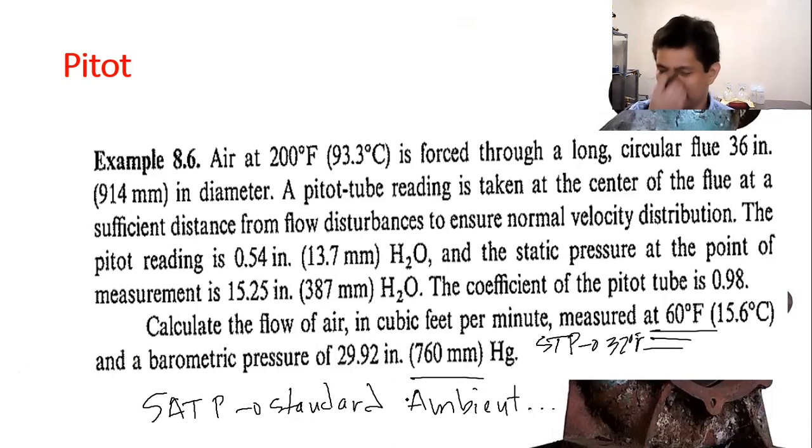Dito, 60 degrees Fahrenheit. Kasi kumbaga, pag nagkukwentahan sila kung magkano babayaran, usually based yan sa SATP. Per cubic feet, ganun yung bayaran, ganun yung presyuhan sa US. So that's why they have this SATP. Kaya ito yung pinapa-calculate sa inyo.